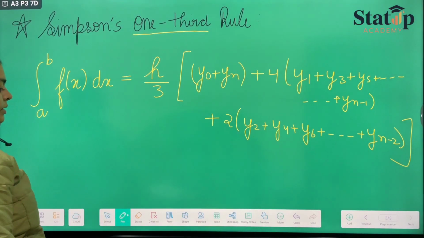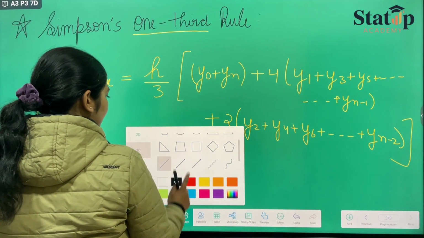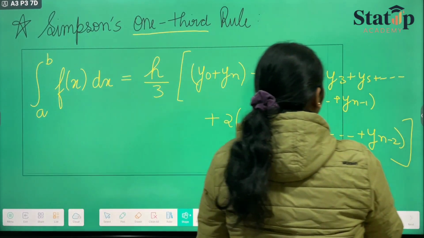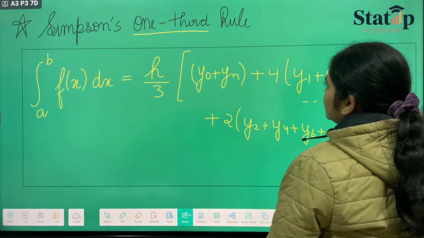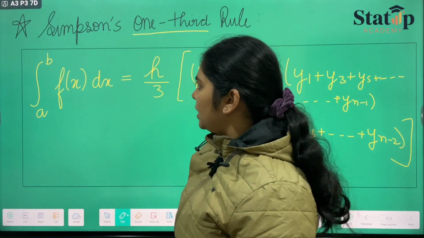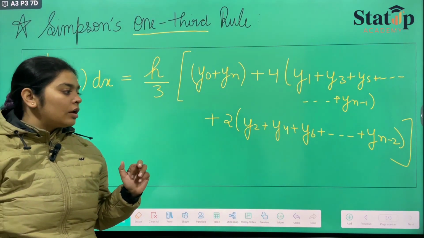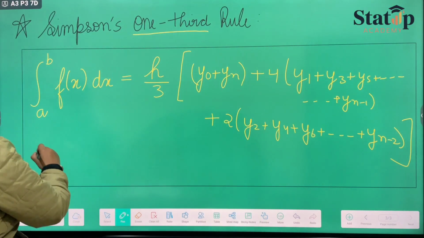So this rule, as we state it, is Simpson's one-third rule, and it is also important from your exam point of view because they might ask you questions based on this rule; in the previous examinations they have asked. Now, one more thing should be kept in mind here.